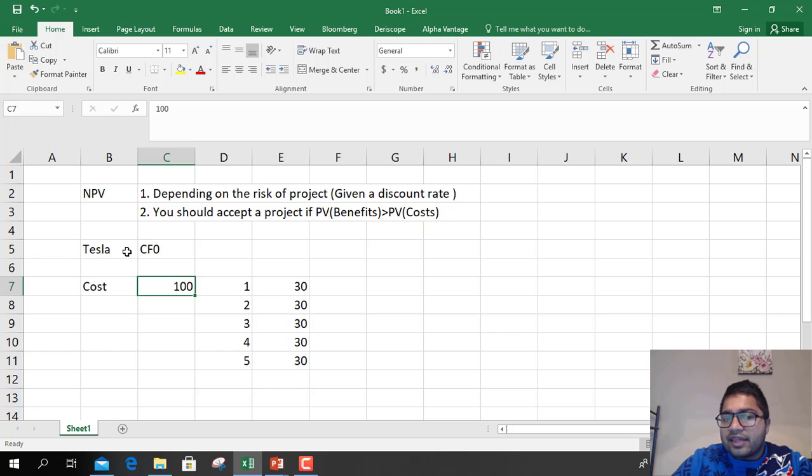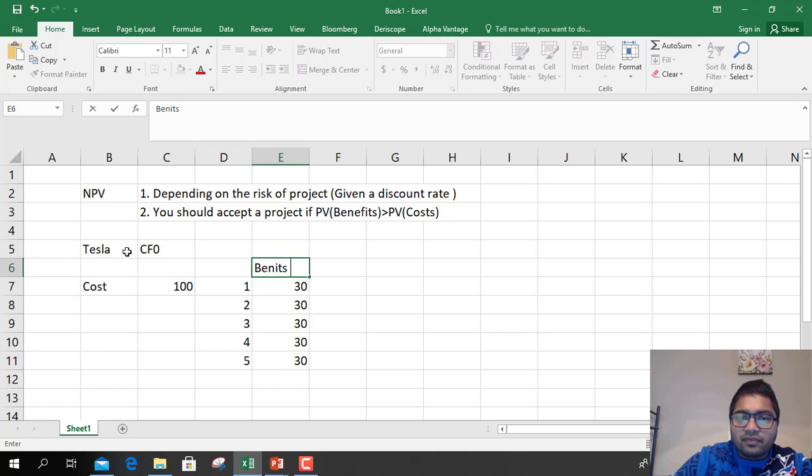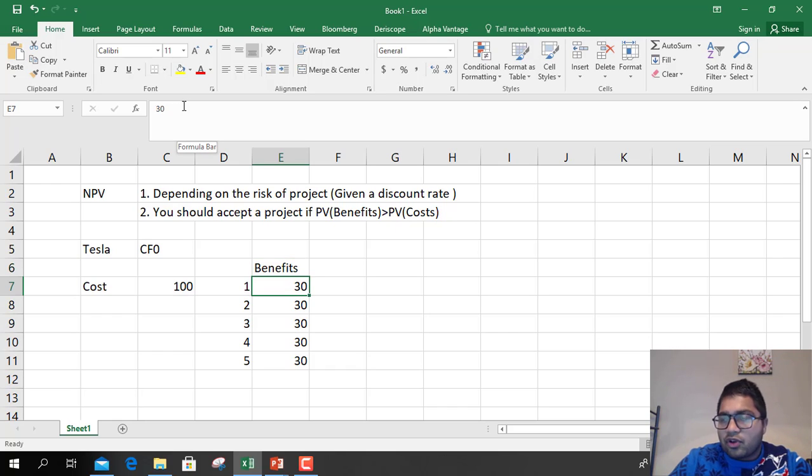So $100 million is the cost. The benefits are as follows: 30, 30, 30, 30 and 30. So the cost of this marketing campaign is going to be 100 million, the benefits are 30, 30, 30.